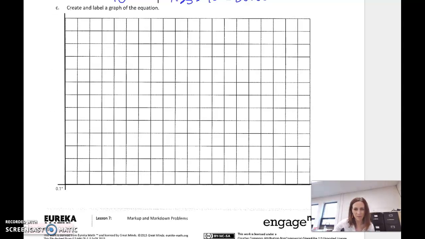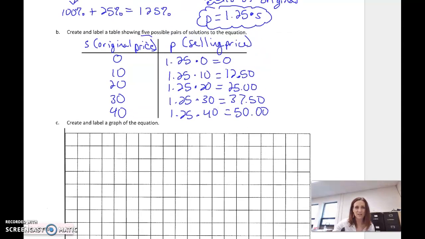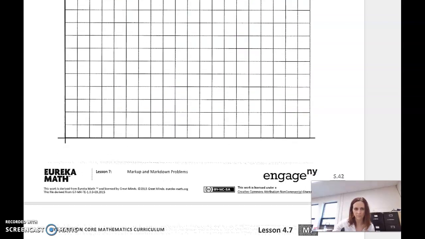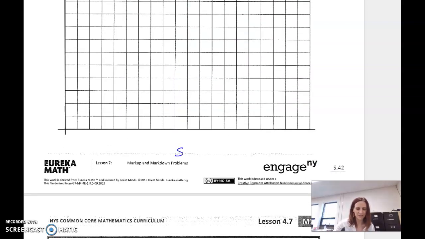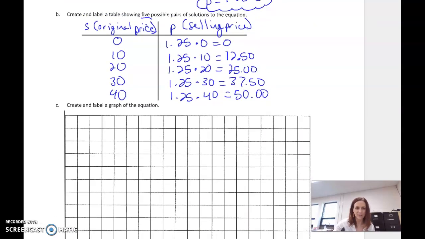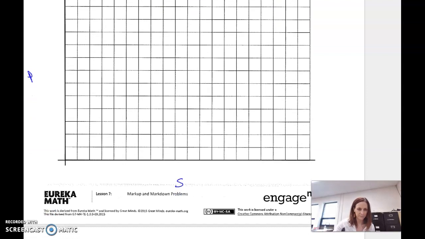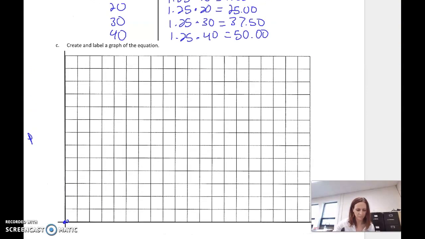Okay, and remember, our X value in this case is going to be our original price. So I'm just, for the sake of time, say that's S. And our selling price will be our y-axis here, P. So let's plot these points. 0, 0 goes right here. And I guess I should look at my scale.